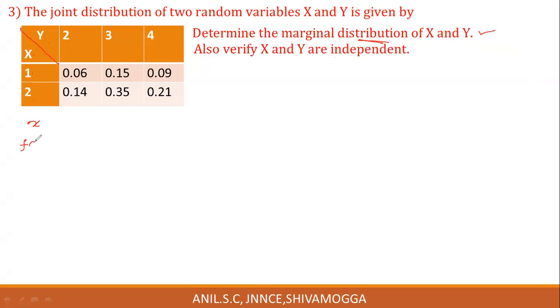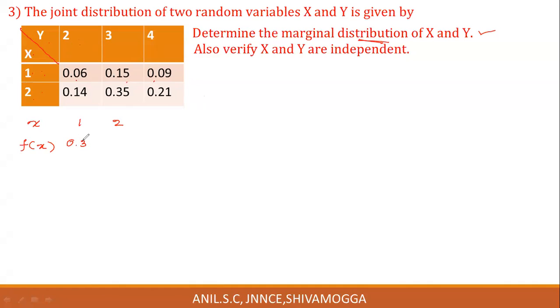X, f of x. Here x takes two values, 1 and 2. Correspondingly, when x is equal to 1, 0.06 plus 0.15 plus 0.09. What is the sum?